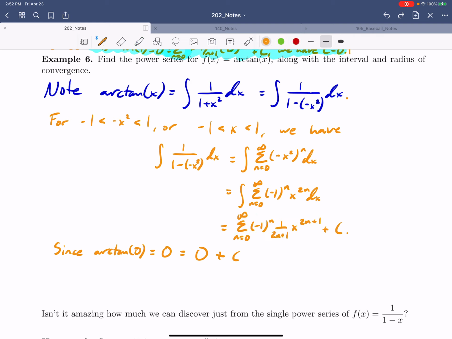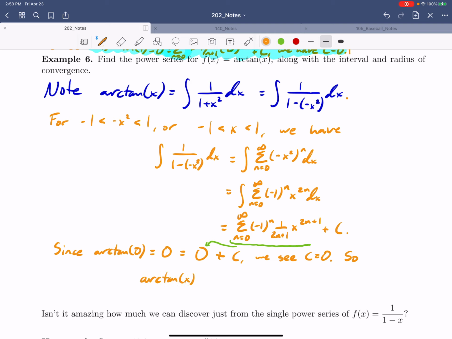Maybe I'll just draw a little arrow here. All this stuff right here becomes 0 when you plug 0 into it. Right, we see that c equals 0. And so really, arctangent of x, or f of x if you want, there's no real need to call that f of x, whatever.